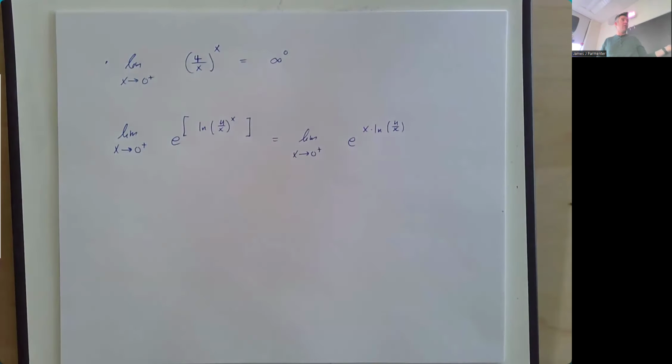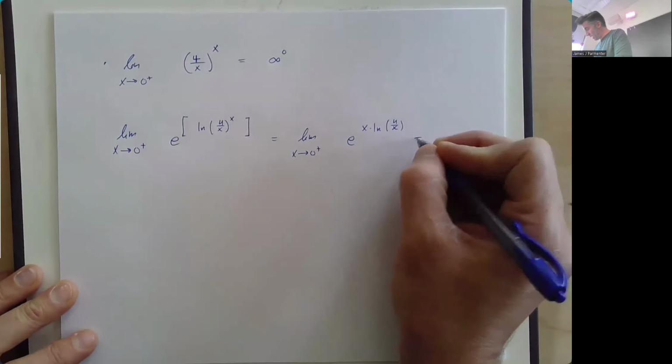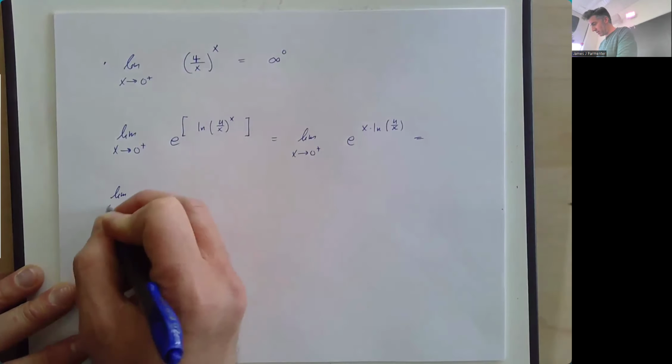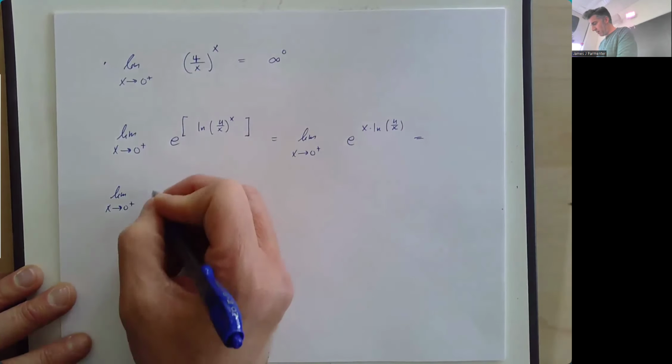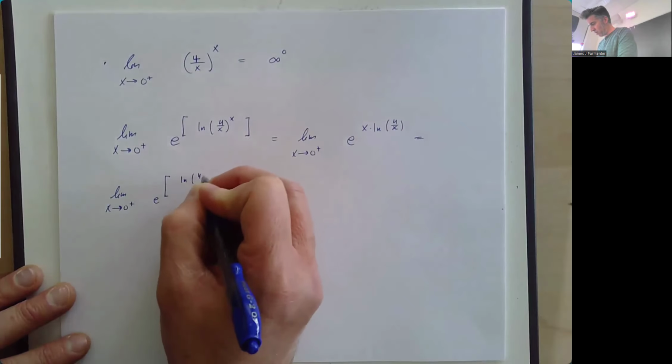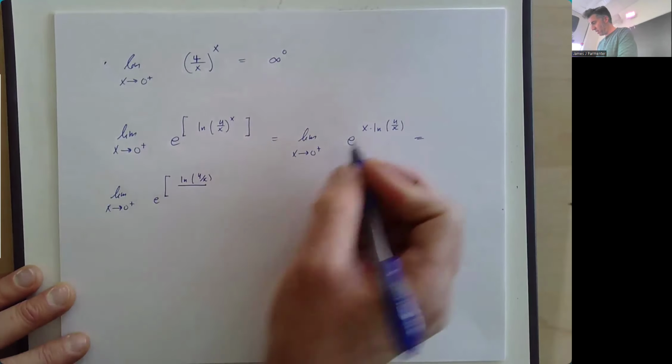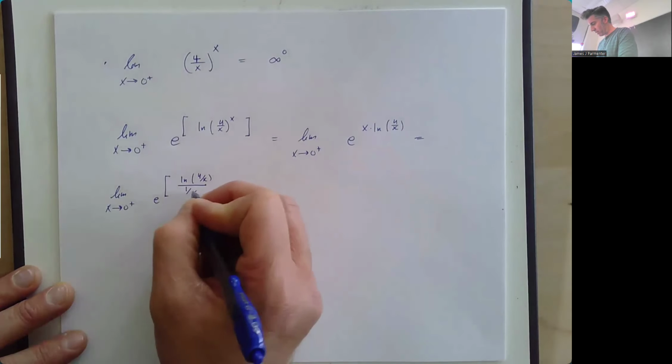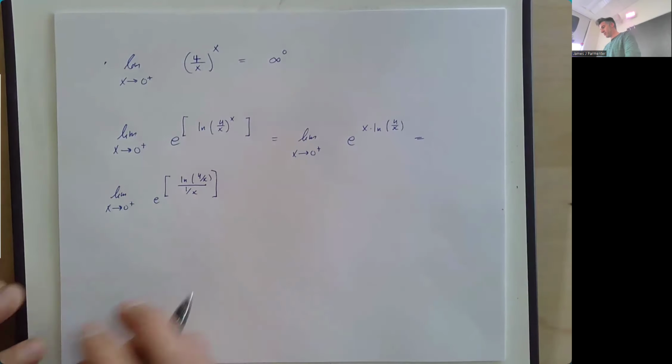Here, I do have to do more work to re-express it, because I don't have a fraction yet that is an indeterminate form. So I'm going to rewrite this once again as the limit as x goes to 0 from the right of e to the natural log of 4 over x, over the reciprocal of x, which is 1 over x. And now I think I have an indeterminate form, but let's check to be sure.